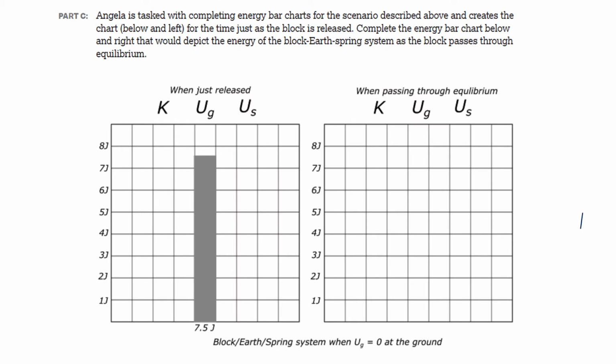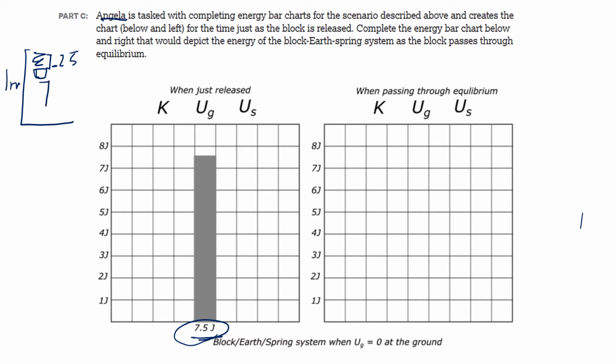Okay, let's go over to part C. In part C, Angela makes an energy bar graph, and she is correct by starting at 7.5 joules. And here, there was some confusion as to where this comes from. If you recall, the spring early on was only extended 0.25, and the total height was 1 meter.